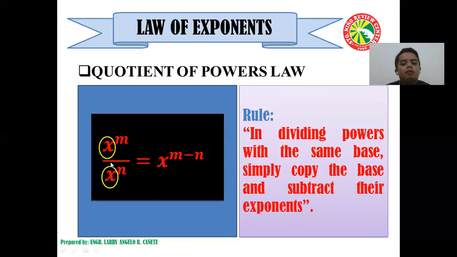So if it qualifies that the two variables have the same base, then you subtract the exponent of the numerator by the denominator. So x to the m minus n, if m is greater than n. That is for quotient of powers.